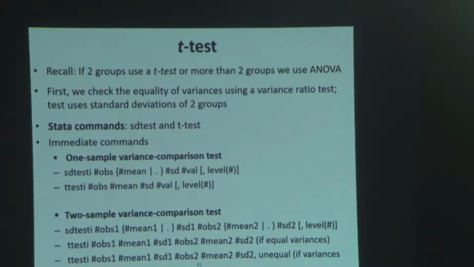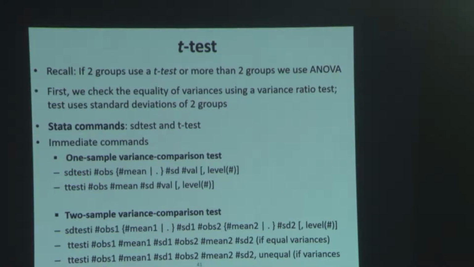So once we use the immediate command, then we give the number of observations, the mean for group 1, and then we give the standard deviation, and then we do the same thing for group 2. This sdtest i is the one that is testing the standard deviation. This is the command for the variance ratio test.